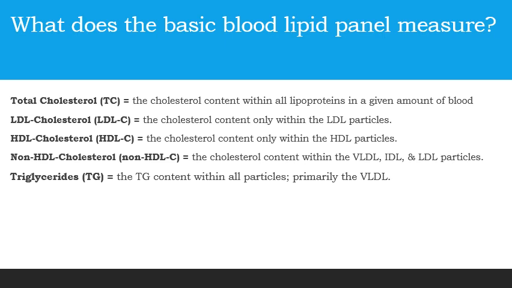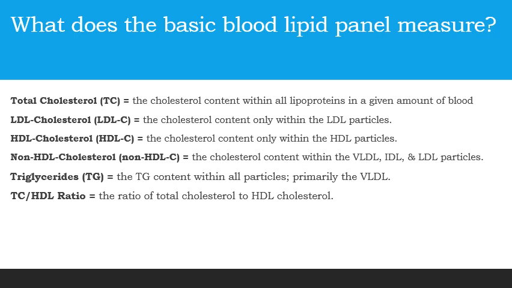But remember, VLDLs have the greatest proportion of triglyceride compared to other particles and are the most numerous of that great proportion. Chylomicrons don't really exist in the blood for very long. So primarily, this metric is measuring VLDL content of triglyceride. Optimal range is less than 150 milligrams per deciliter. The lower the better.